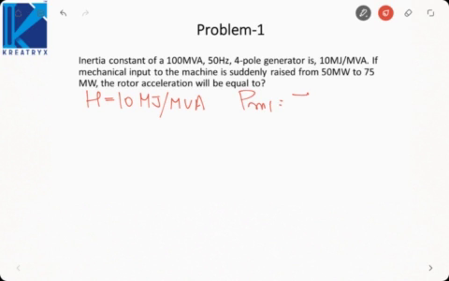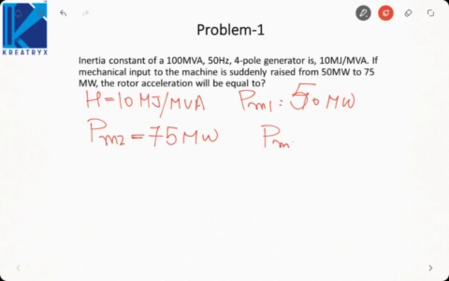So let me say PM1 is 50 megawatt and PM2 is 75 megawatt. Before raising the mechanical input, the system would be in steady state, that is PM would be equal to P. So PM1 was equal to P naught, which is equal to 50 megawatt.